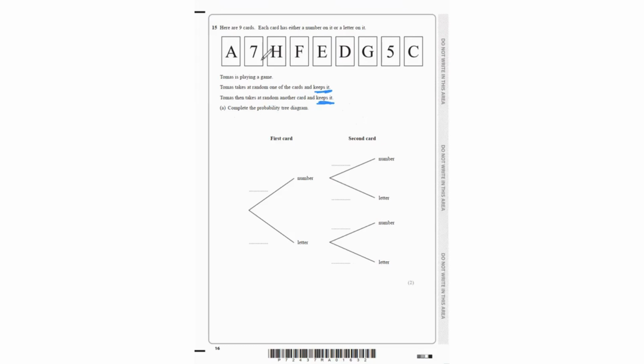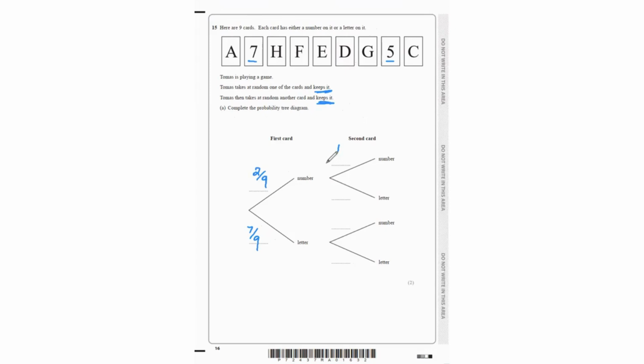So let's see how many numbers we have. 1 and 2. There are 2 numbers and there are 9 cards in total. So 2 out of 9 is the probability of getting a number, and then 7 out of 9 is the probability of getting a letter. So if he's taking a number, that means there's 1 less number card.